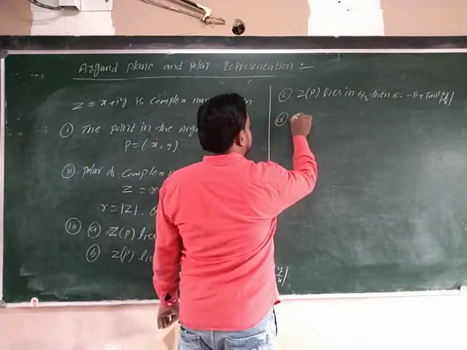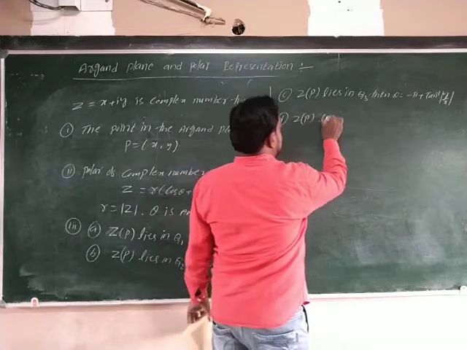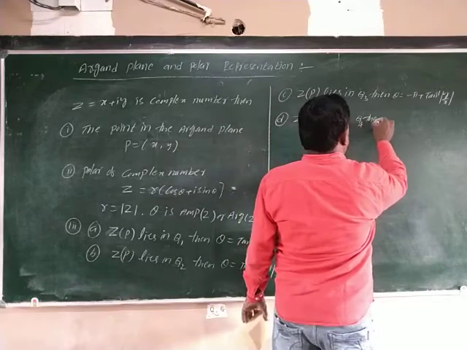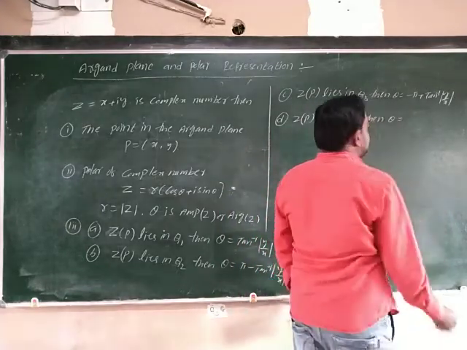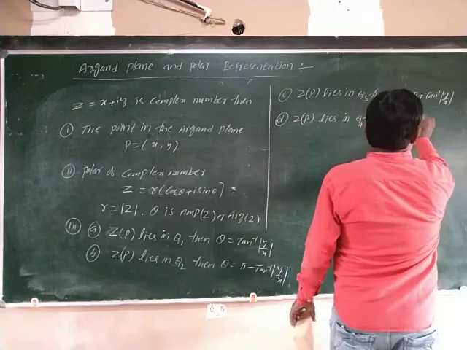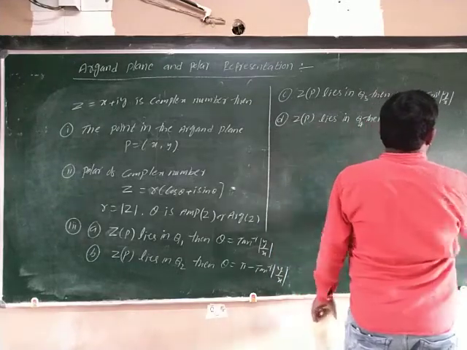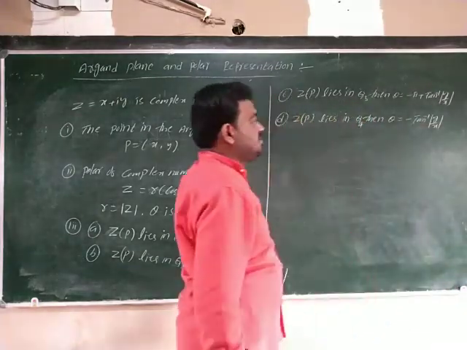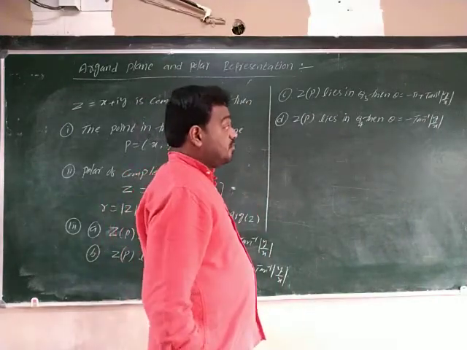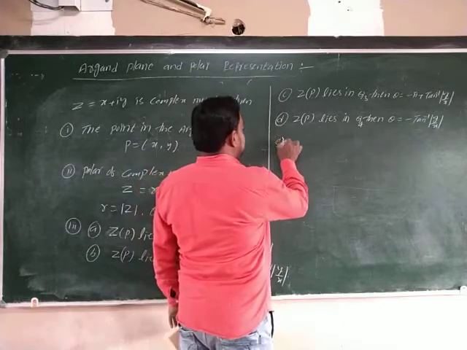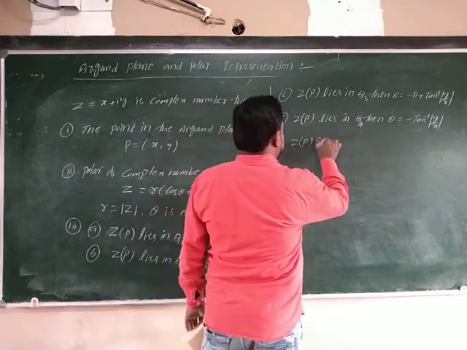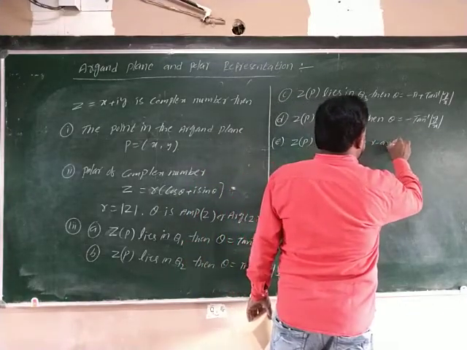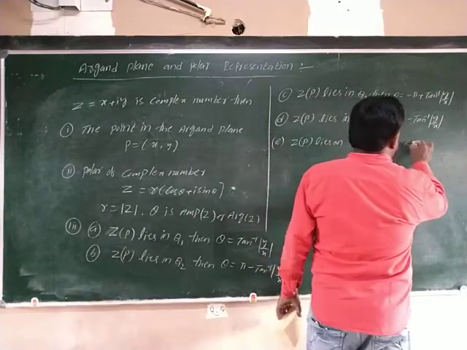Next, if the point P of z lies in Q4, then theta = minus tan inverse of modulus of y by x. E: if P lies on the positive x axis, theta = 0.